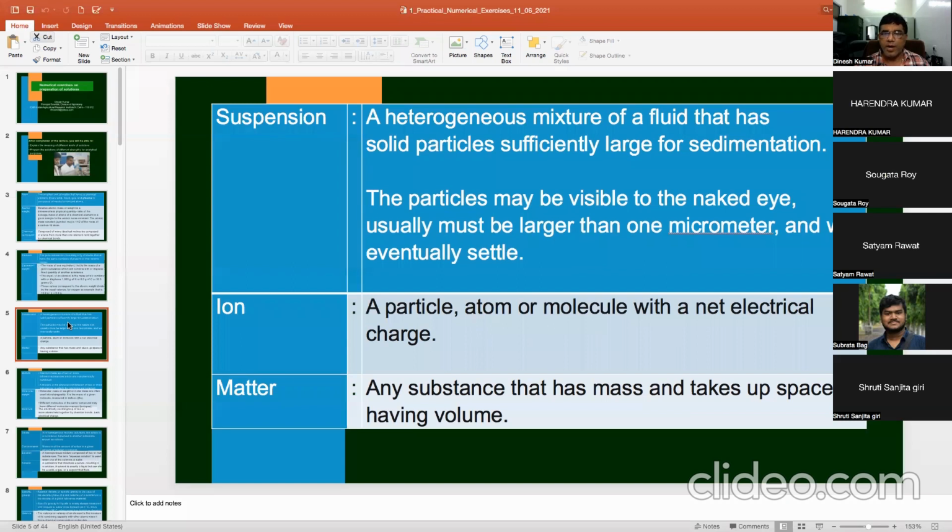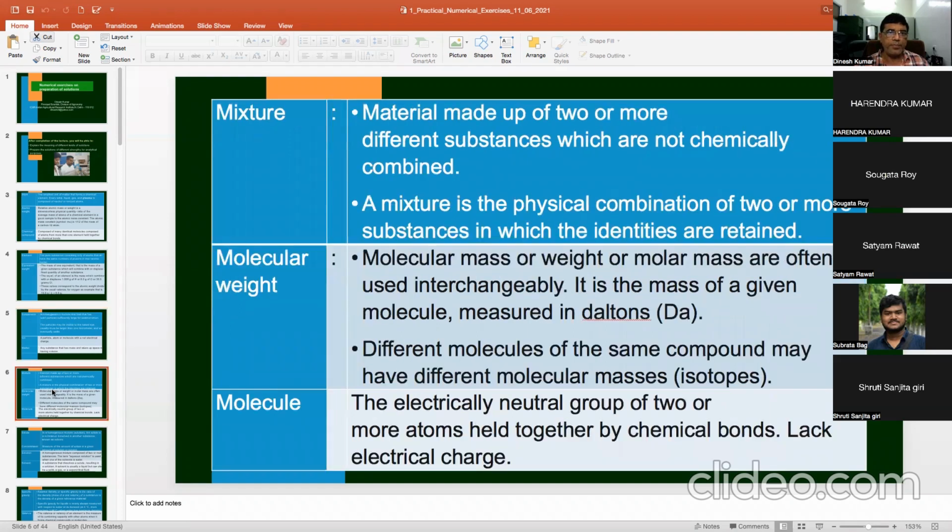Ion, a particle, atom, or molecule with a net electrical charge is your ion. Matter, any substance that has mass and takes up space by having volume. You can remember this line. Matter, any substance that has mass and takes up space by having volume.